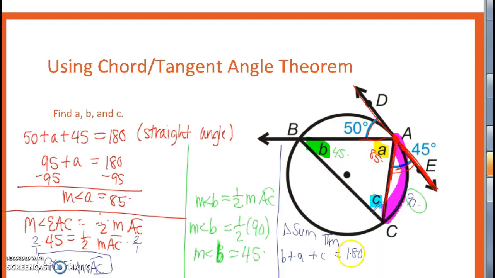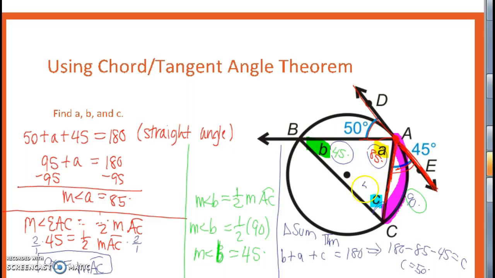So I can actually just take 180 and subtract off 85 and 45. 180 minus 85 minus 45 is going to equal C. And if I do that, 180 minus 85 minus 45 gives me that C is equal to 50 degrees.